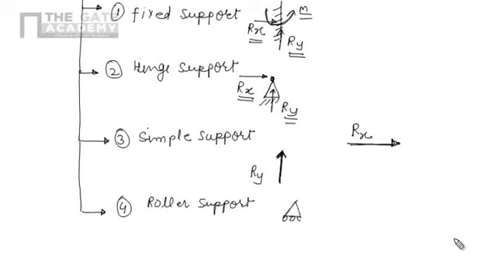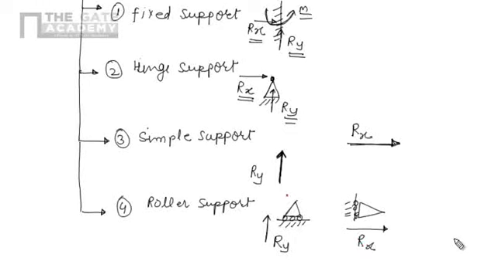Normally we represent roller support this way. In roller support also there will be only one reaction. If the orientation is like that, there will be Ry, and if the orientation is like that, there will be Rx, same as simple support.